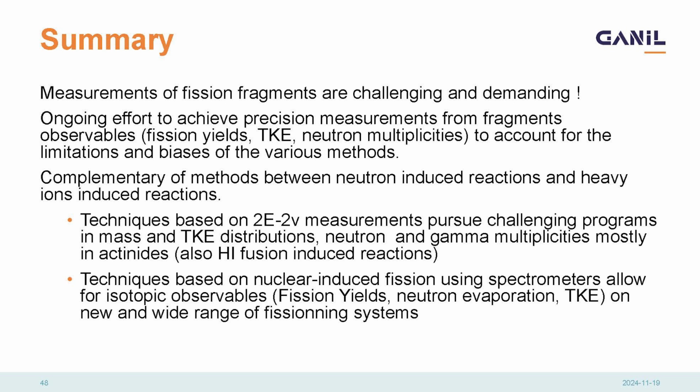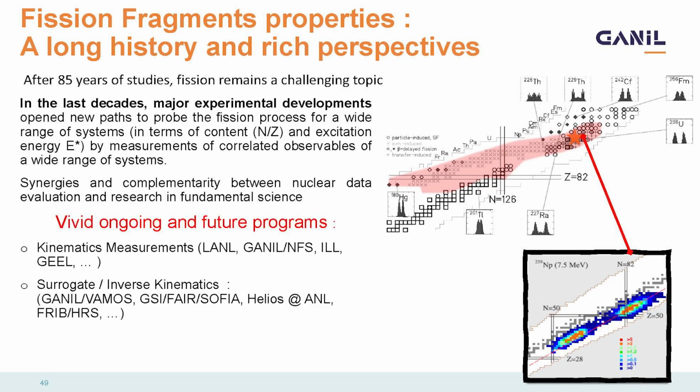And we are constraining somehow what is occurring when the nuclei fission. And just as an outlook, 85 years of studies, but we have not yet finished what we want to do, because in the last decades, I would say the last 20 to 30 years, the main change has occurred in bringing really new observables that are now going along with what was measured before.